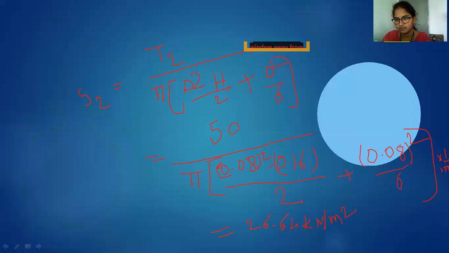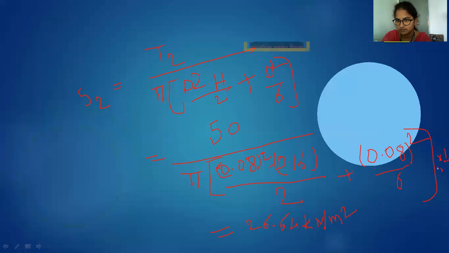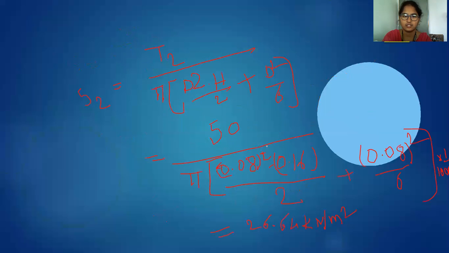Here we can multiply it by 1 by 1000. Okay, completed. S1 and S2 we have calculated, so finally you can calculate the sensitivity.